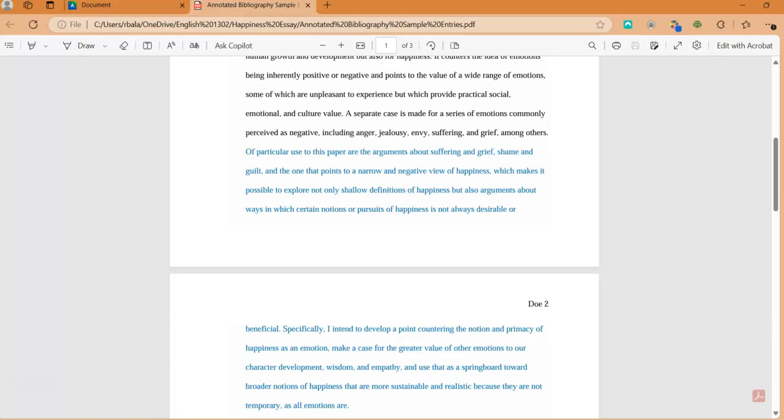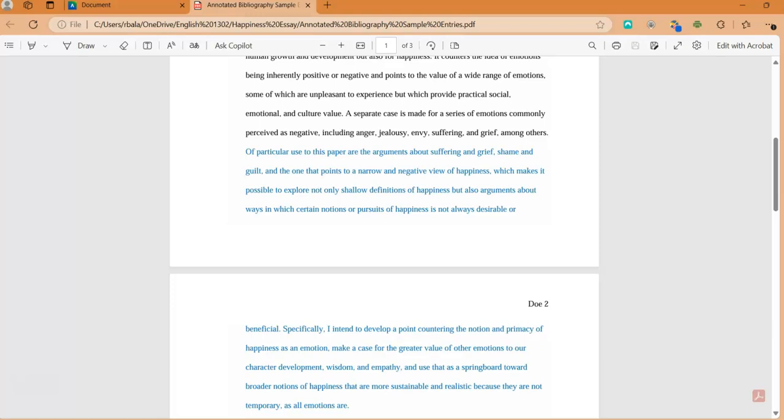Of particular use to this paper are the arguments about suffering and grief, shame and guilt, and the one that points to a narrow and negative view of happiness, which makes it possible to explore not only shallow definitions of happiness, but also arguments about ways in which certain notions or pursuits of happiness are not always desirable or beneficial. Specifically, I intend to develop a point countering the notion and primacy of happiness as an emotion, make a case for the greater value of other emotions to our character development, wisdom, and empathy, and use that as a springboard toward broader notions of happiness that are more sustainable and realistic because they're not temporary as all emotions are.